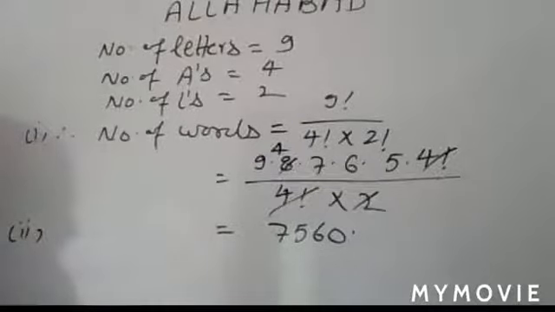So how many ways can the vowels be arranged? Factorial 4 upon factorial 4. You can write in this way. The number of even places is equal to 4.